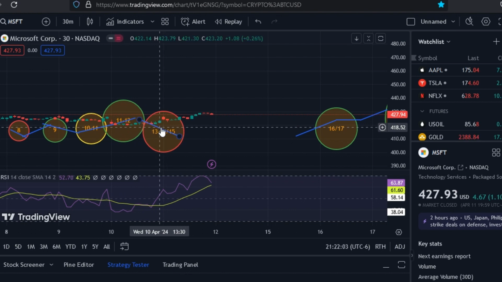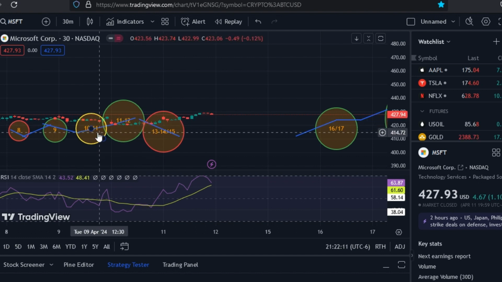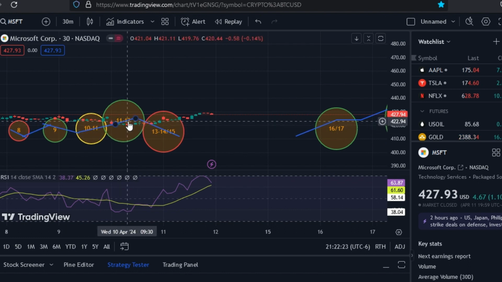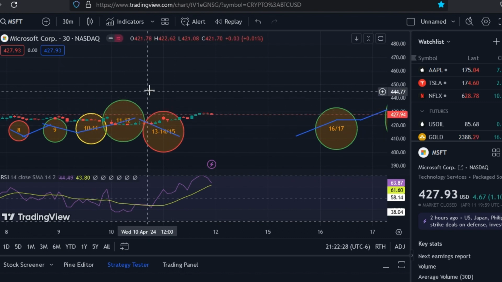I was also predicting that on April 11 or 12 we will be seeing a recovery, an uptrend. The day will be green. Let's see what happens on April 11. This is where April 11 begins, which opens with a price of 426, and it ended on a price of 427. So it was a recovery indeed.